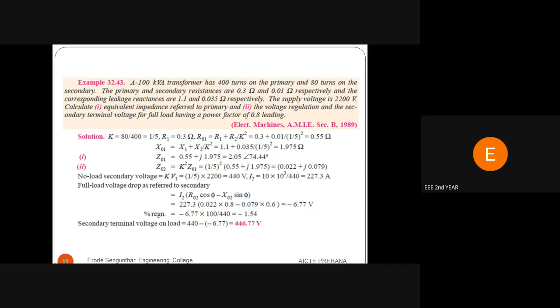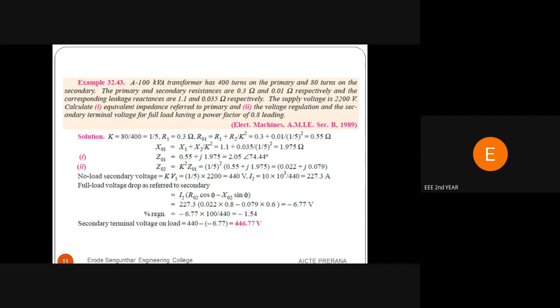Okay, 2.05 ohm is the total impedance of the transformer referred to primary side. The angle between the voltage and current is 74.44. It is another formula we can determine for the data, that is the impedance value and also the angle between the voltage and current.